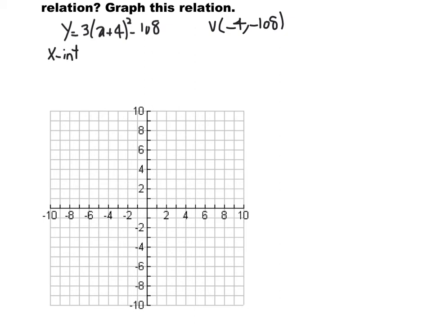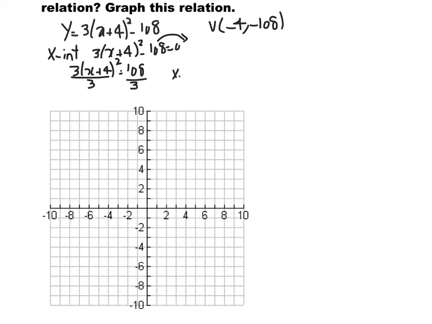Now let's find the x-intercept. To find the x-intercept, we have to let this equation equal to 0. So 3 times x plus 4 squared minus 108 is equal to 0. Now we try to solve it. I bring -108 to the right. I get 3 times x plus 4 squared is 108. Now I divide by 3 both sides.